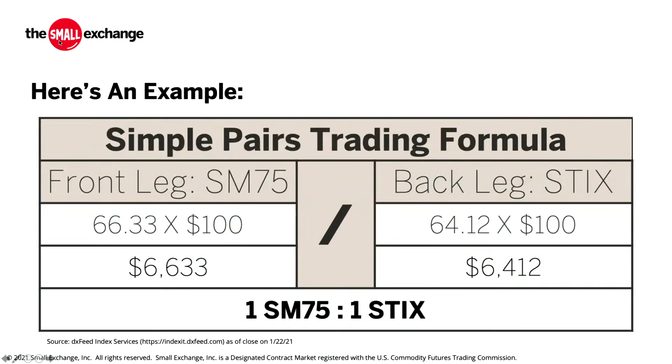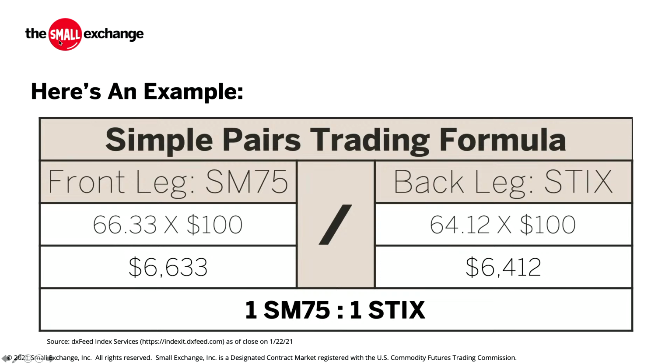So let's get some products that do exist for an example, starting out with our very simple SM75 and sticks. And you can see here, this is not a coincidence. This is how we decided to size these products so that when you wanted to pairs trade them, you didn't have to do a bunch of extra work. SM75 is currently sitting around $66, sticks around $64. I know it's not perfect, and this is for those of you out there who are perfectionists like me, who constantly need any little mess around your apartment or anything askew in your workstation to be fixed.